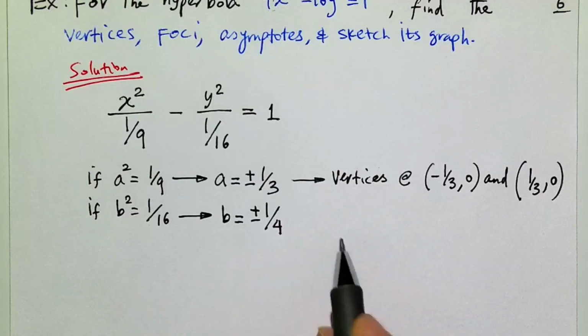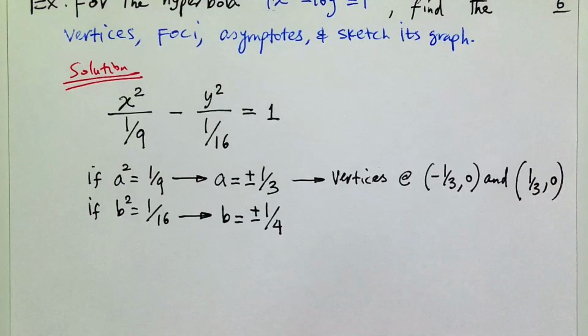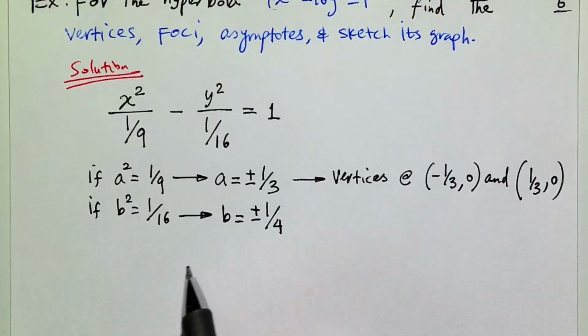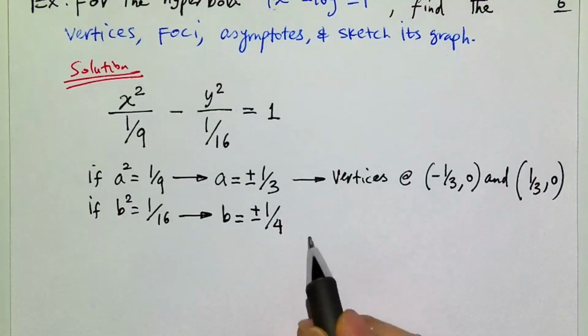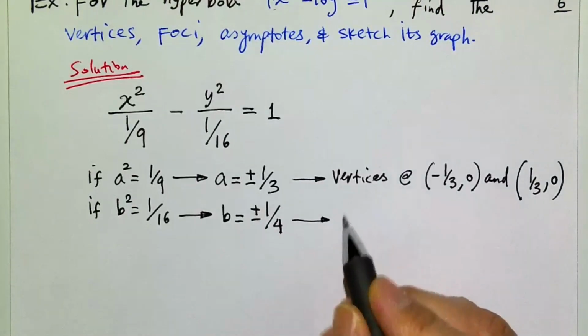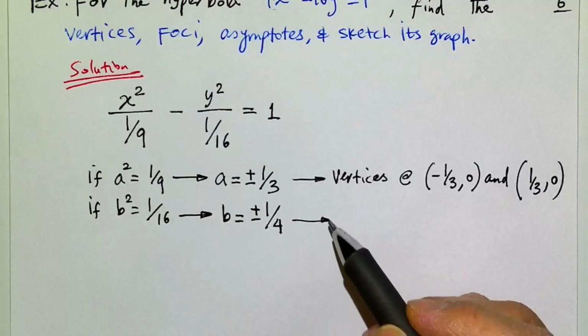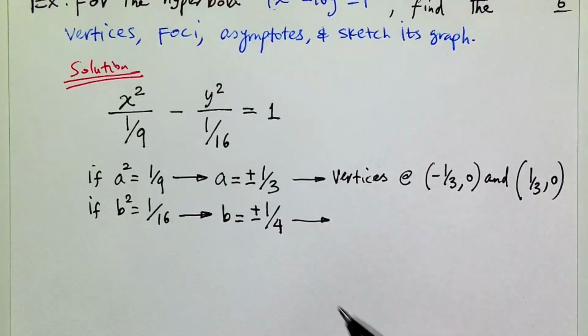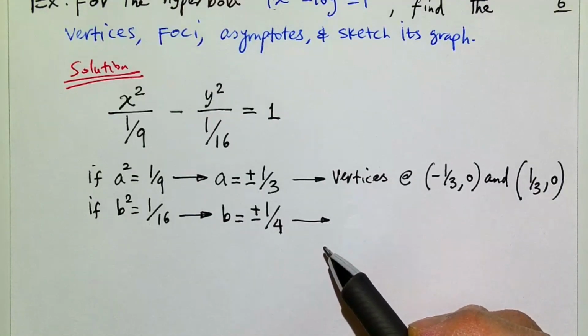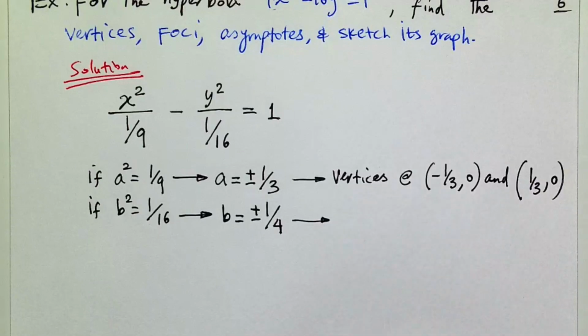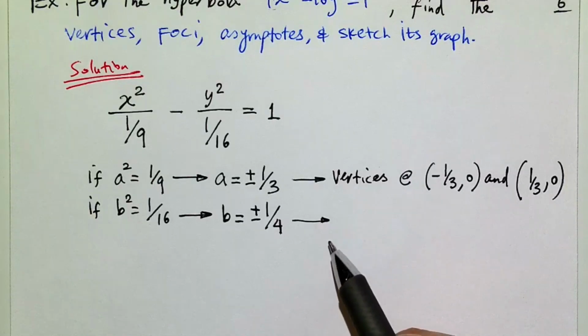And of course, this would be the central box that we mentioned in the previous pages, that we have to draw before we can draw the asymptotes and the hyperbola.